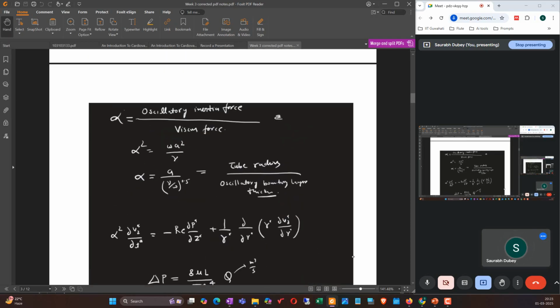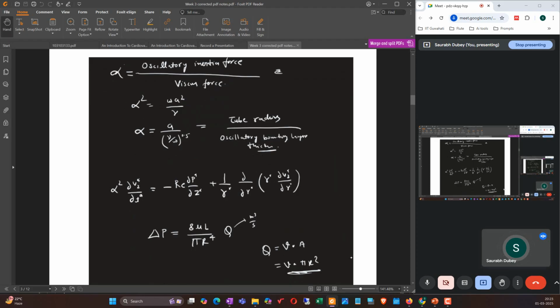Alpha is also defined in terms of the oscillatory inertial force to the viscous force, right? The way it has been defined, it gives the tube radius versus the oscillatory boundary layer thickness, and that boundary layer thickness depends only on the kinematic viscosity and the frequency at which the pulsatile flow is happening.